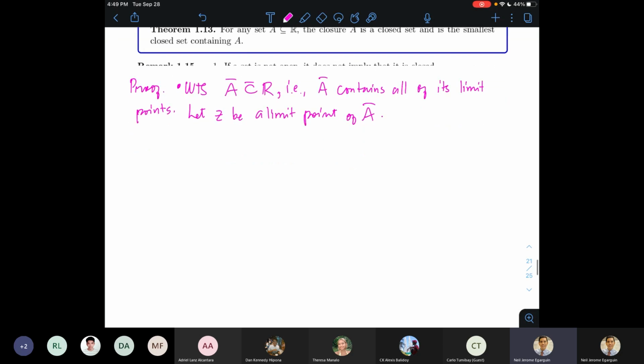So here I know that for every epsilon greater than 0, there exists an X that is an element of the intersection of an epsilon neighborhood of Z and A bar that is not equal to Z, for all epsilon greater than 0.